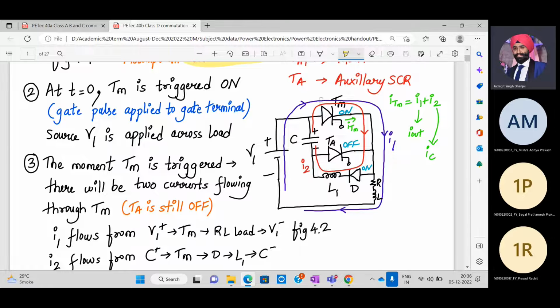The outer loop. So what will be your voltage across the RL load? It will be V1, because that is the voltage which is appearing across the load. So the output voltage will be V1.